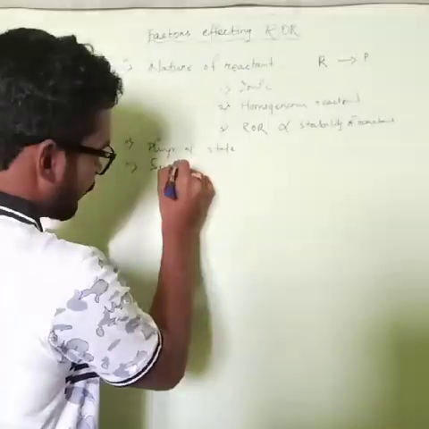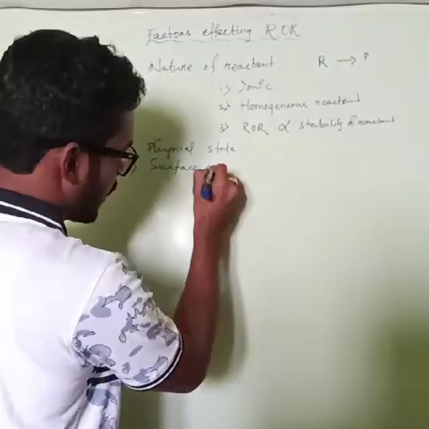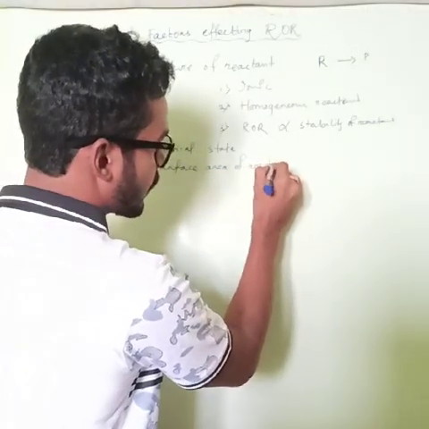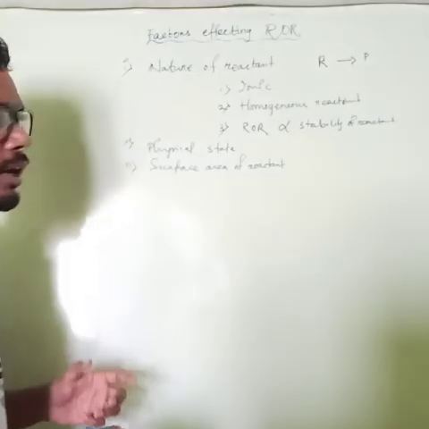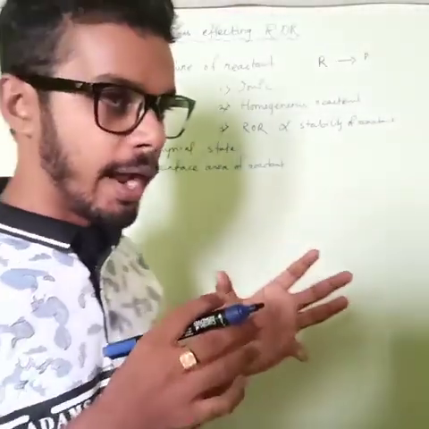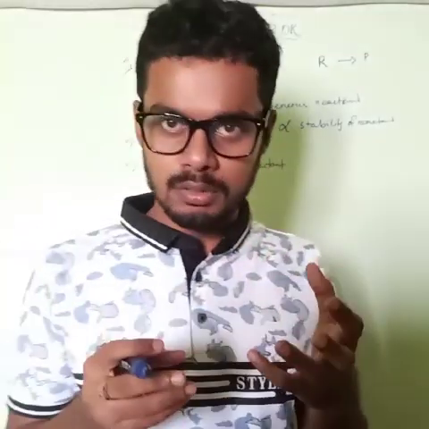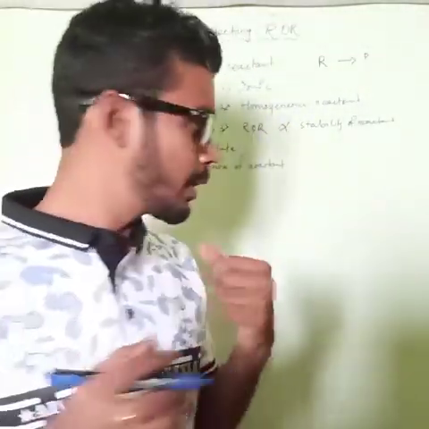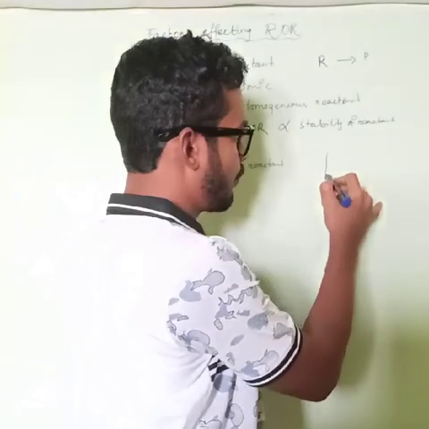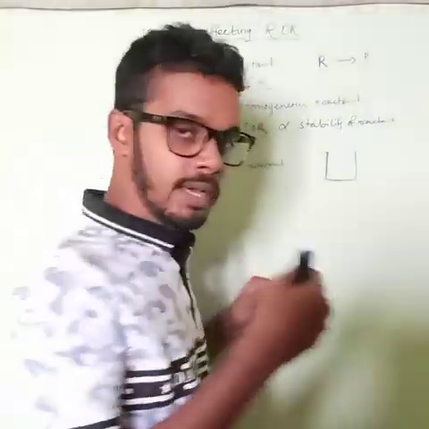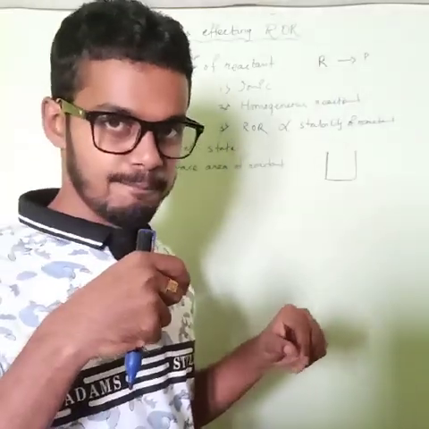Okay, next, surface area. Surface area of the reactant. Suppose you have taken a reactant whose surface area is more, then reactant molecules will react fast. Okay, you know what, Gola ice cream, Chuski, right?